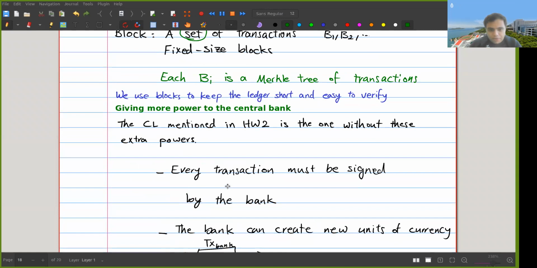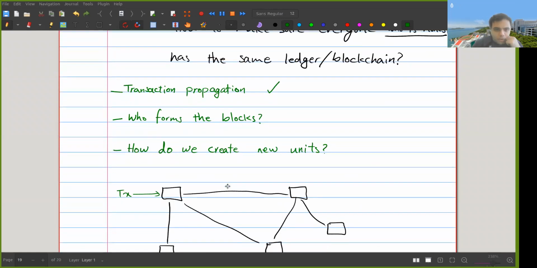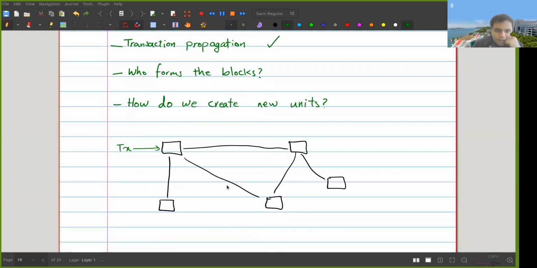Now, going back here, so we know how to do transaction propagation now. But one of the good questions here was that suppose that I am a node, for example, I am this node, and let's say that I received 2 different transactions. How do I know which one came earlier? And the answer is, at the moment, you have no way of knowing.